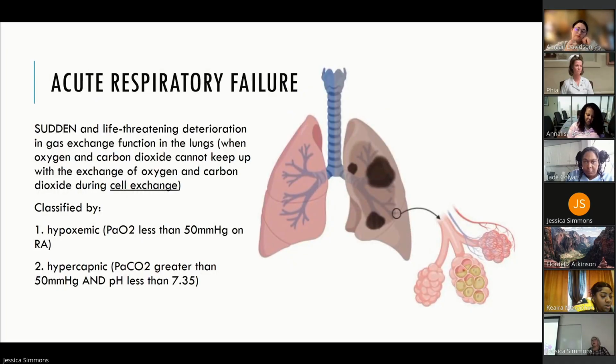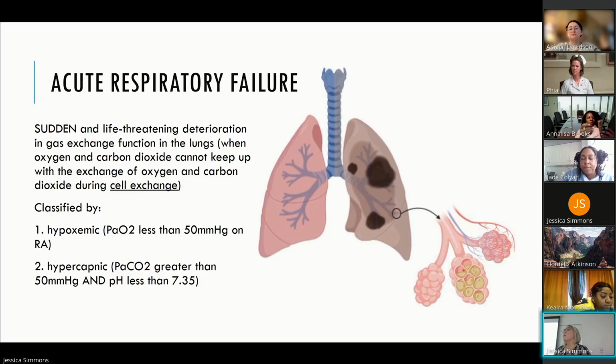Okay, so then we have acute respiratory failure. This is sudden and life-threatening deterioration in gas exchange. So when oxygen and carbon dioxide can't keep up with the exchange of oxygen and carbon dioxide during cell exchange, acute respiratory failure occurs. So the patient becomes hypoxemic and the PaO2 drops to less than 50.